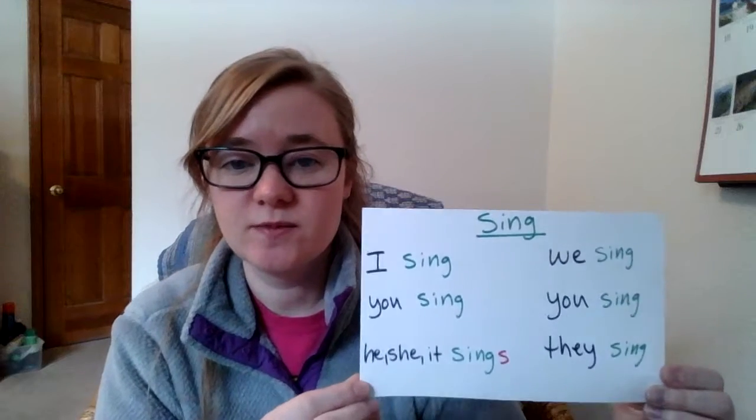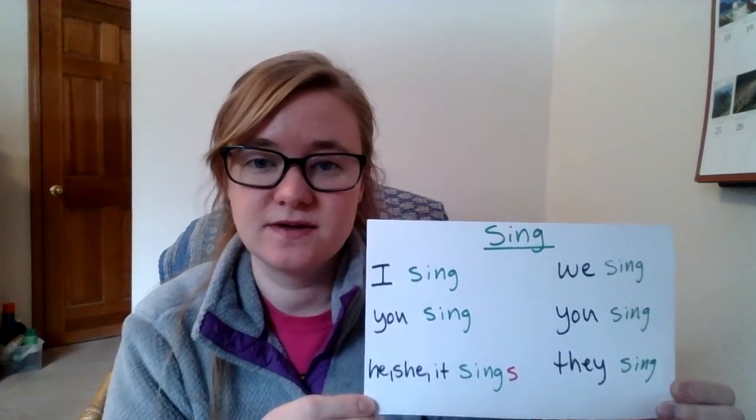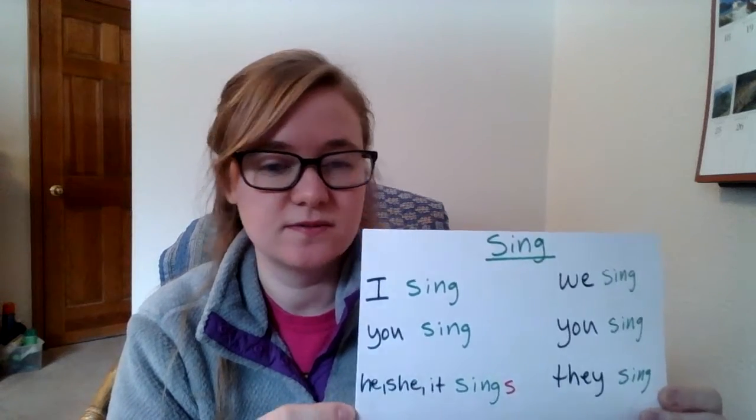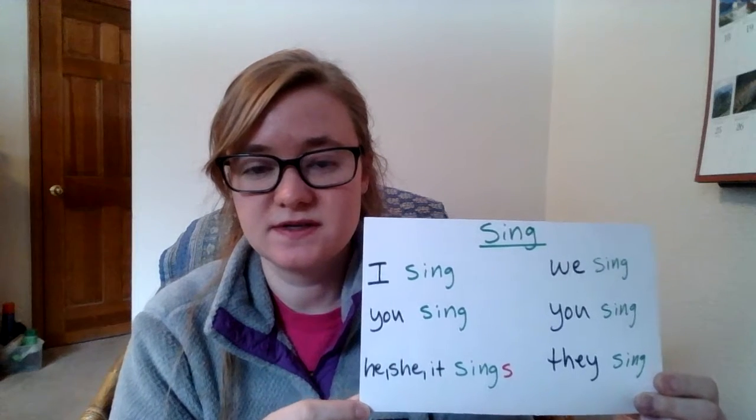Okay, let's practice this. Let me get my flashcards out. The first verb is sing. Putting this in the present tense, we have I sing. Repeat after me. I sing. You sing. He, she, it sings.